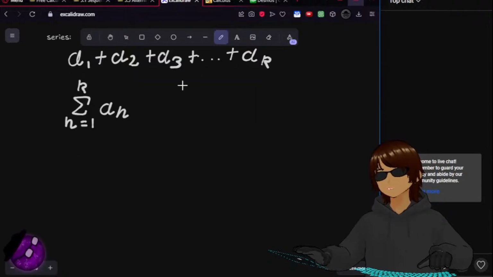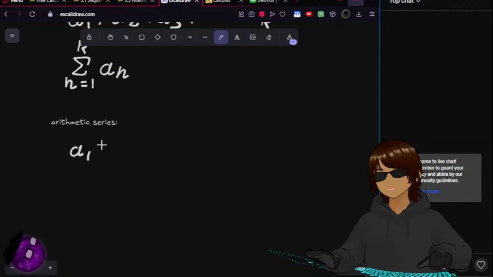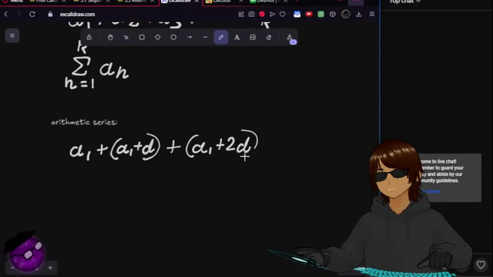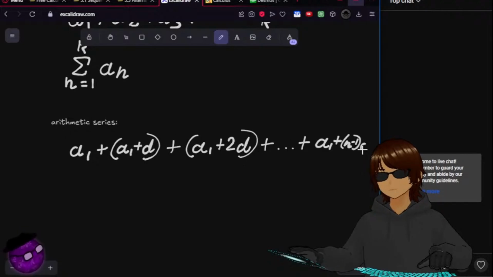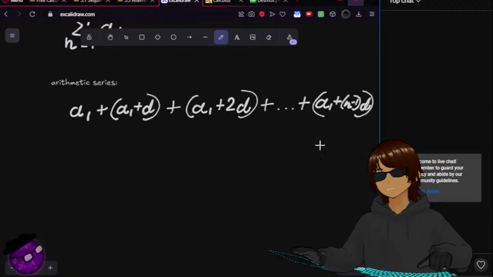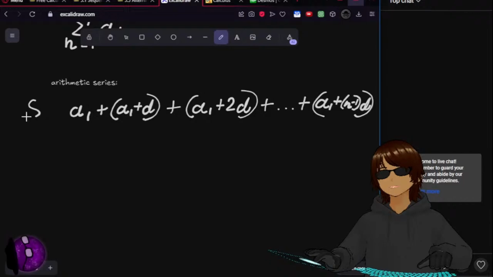In an arithmetic series, A1 plus A1 plus D, and then plus A1 plus 2D. If this series goes to infinity, then the total sum, let's call it S, would go to infinity. So an arithmetic series would only exist if terms are finite.